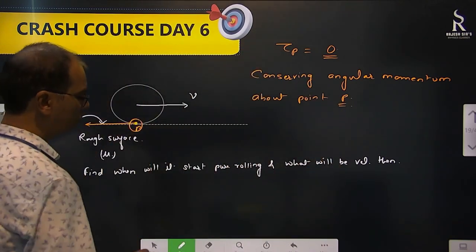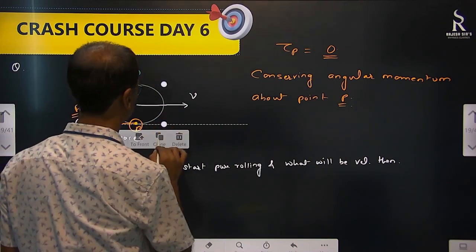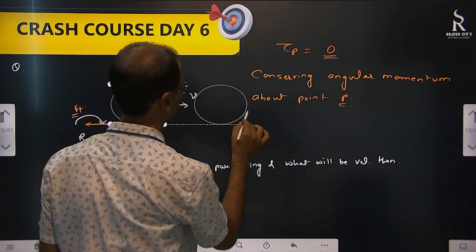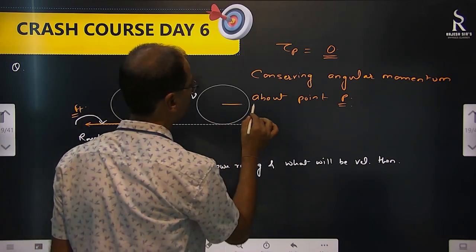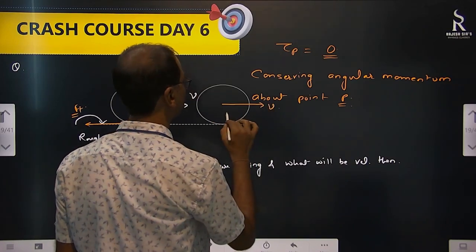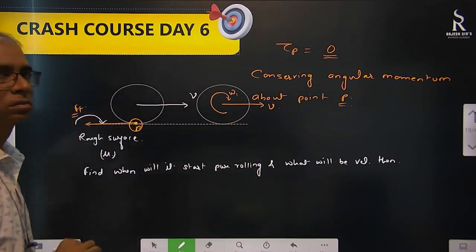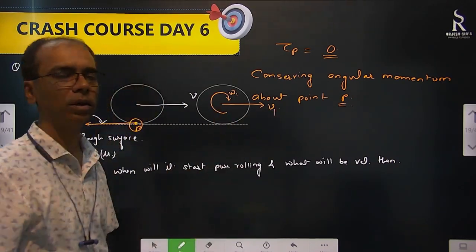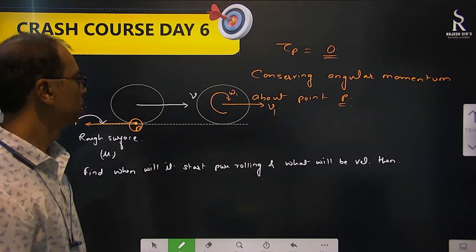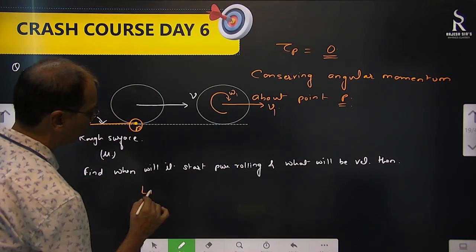After some time it's going to pure roll, I know. Suppose it's going to pure roll somewhere here, and its velocity has become V1, and it has also got angular velocity, let's say omega 1. Initially, what is its angular momentum about point P?